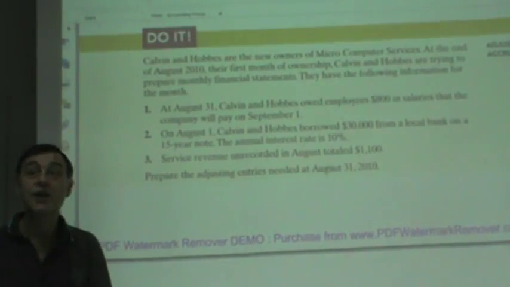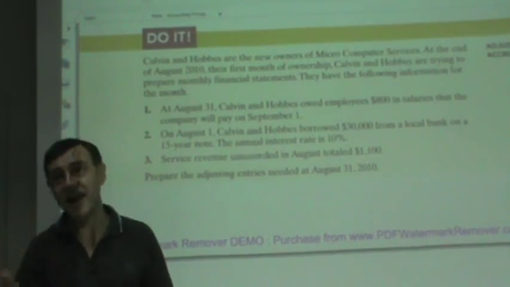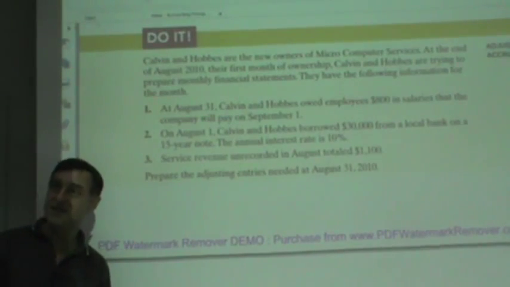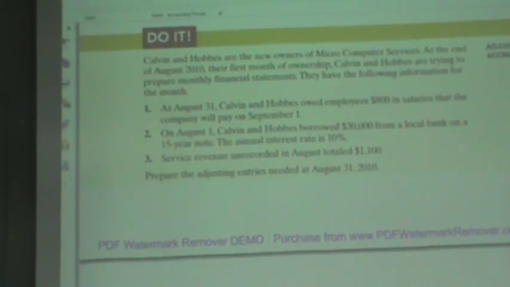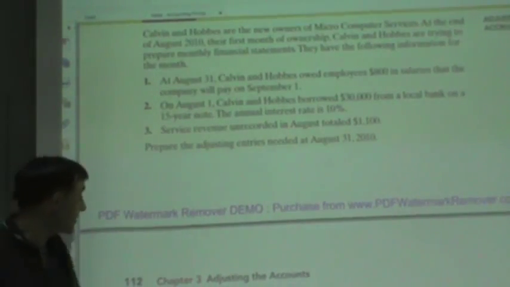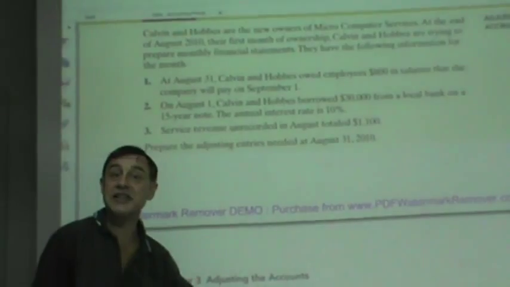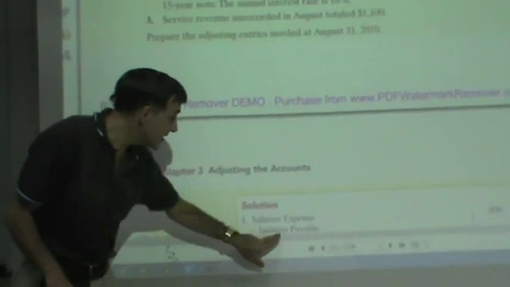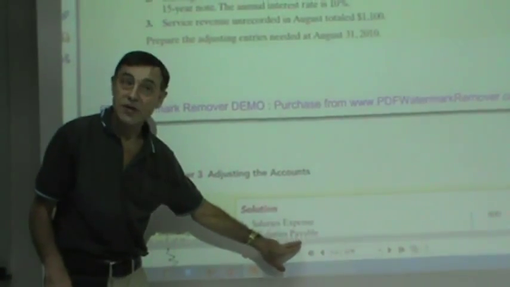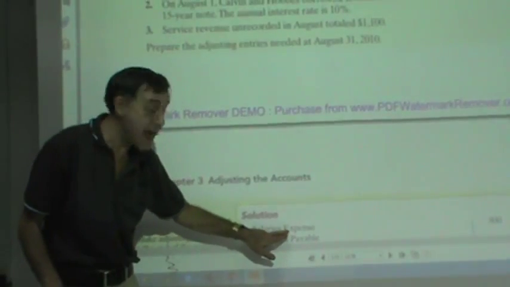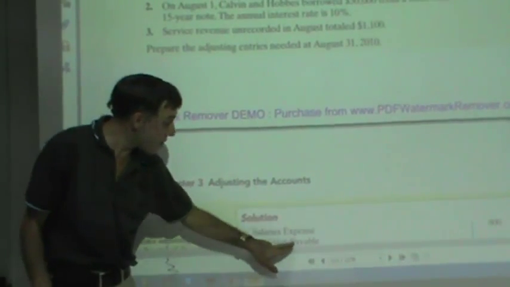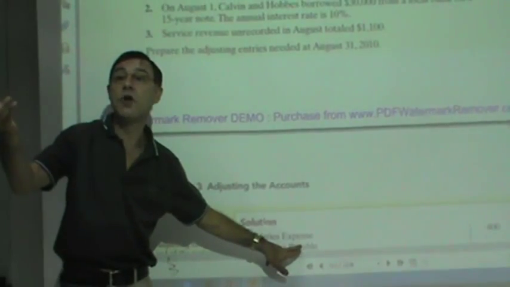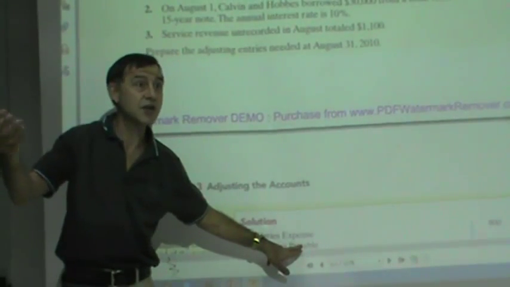And that's it. When they pay, you're going to have debit salary payable, credit cash. Okay? So now we're looking at the first one. Debit, salaries expense. Credit, salaries payable. You recognize the expense today and promise to pay the salary later.